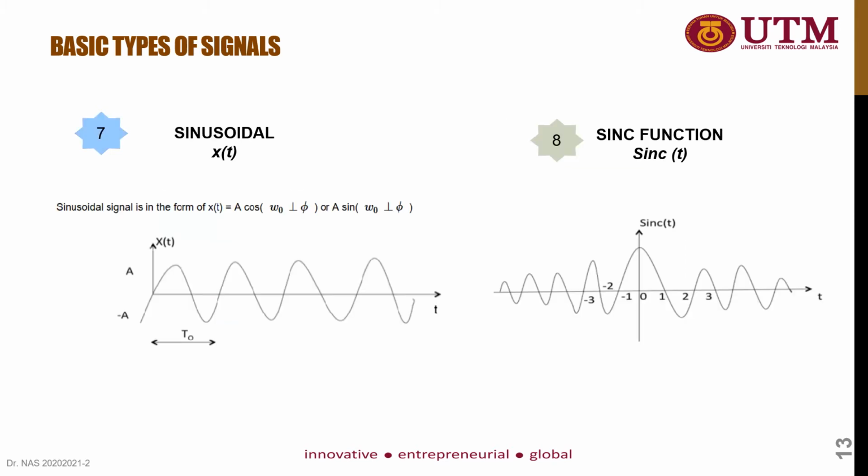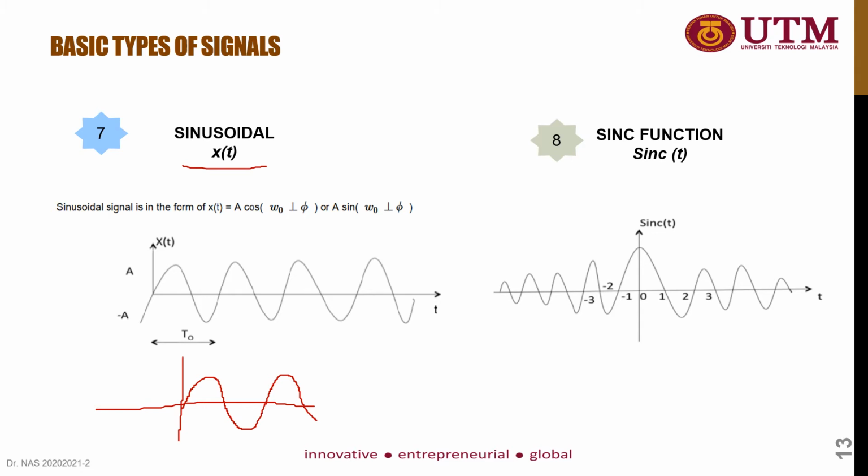You'll be using quite a lot of these signals. Sinusoidal signal represents the basic shape of the sinusoid function, either sine wave or cosine wave. You should be able to differentiate which one is the cosine and which one is the sine function.